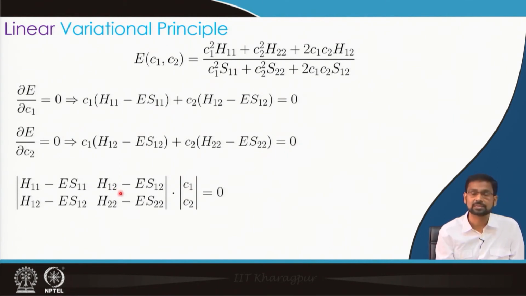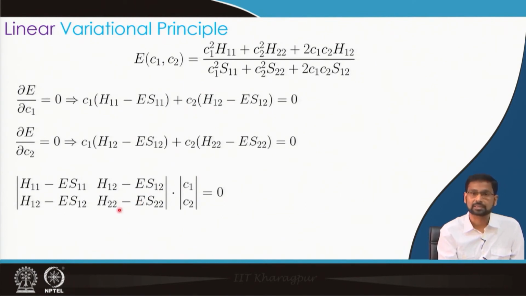When I expand this, I would get an equation which is quadratic in E, because all the Hamiltonian matrix elements as well as the overlap matrix elements I already know. They are some real numbers. Exactly how I would get them is a different question. We will look at that when we discuss some example problems, but in principle I know them. What I do not know is these energies.